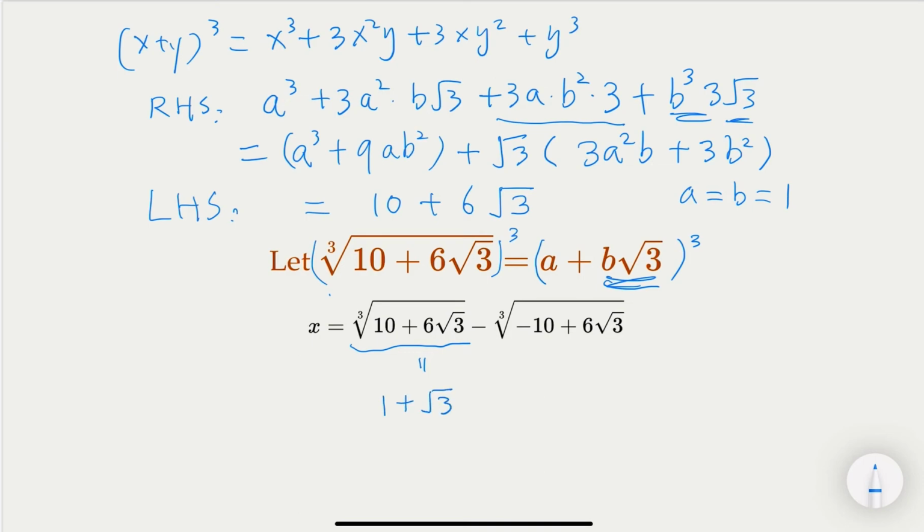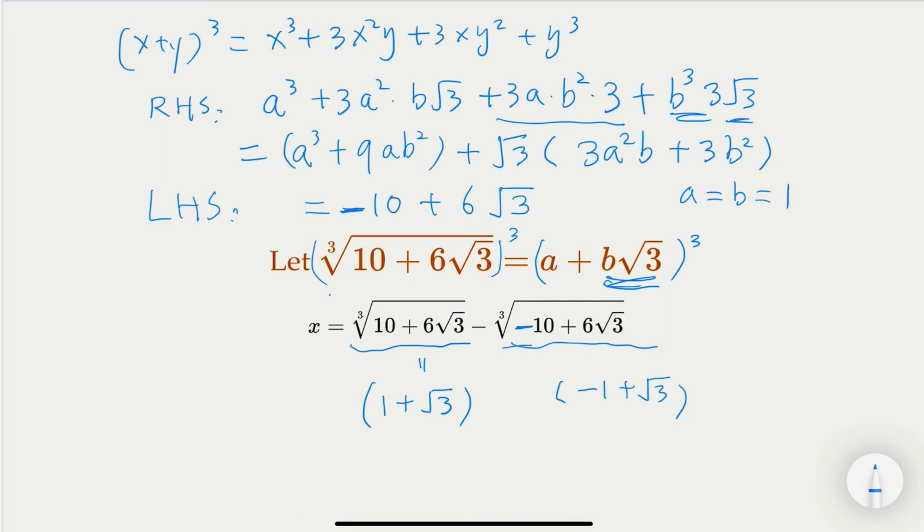Now similarly, for the second term, the only difference is the negative sign here. When you think about it, if a equals negative 1, they would match up. In the second term, this will be negative 10, and so it turns out this is going to be negative 1 plus square root of 3.